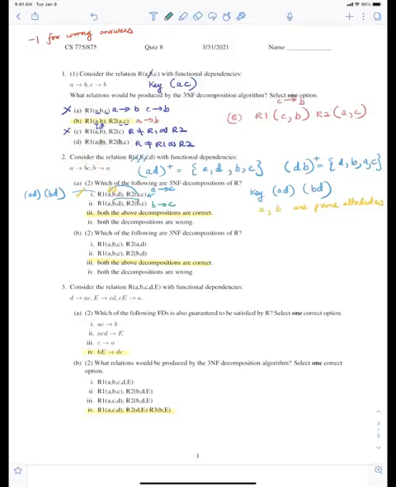And then again, R1, for the same reason as earlier, is in third normal form. So this option is also correct. Therefore, the answer to this problem is that both of the above decompositions are correct.